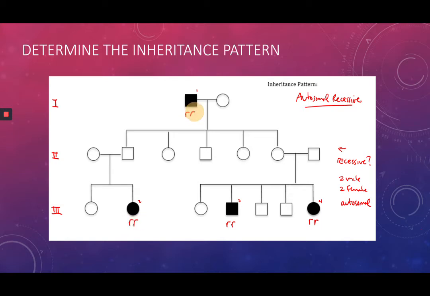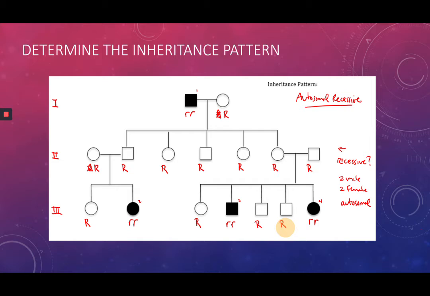Because it's autosomal, we can use uppercase R's to represent all the dominant individuals. So every person that's not shaded in is likely to be dominant, and likely to have at least 1 dominant allele. So we write in all the dominant alleles.